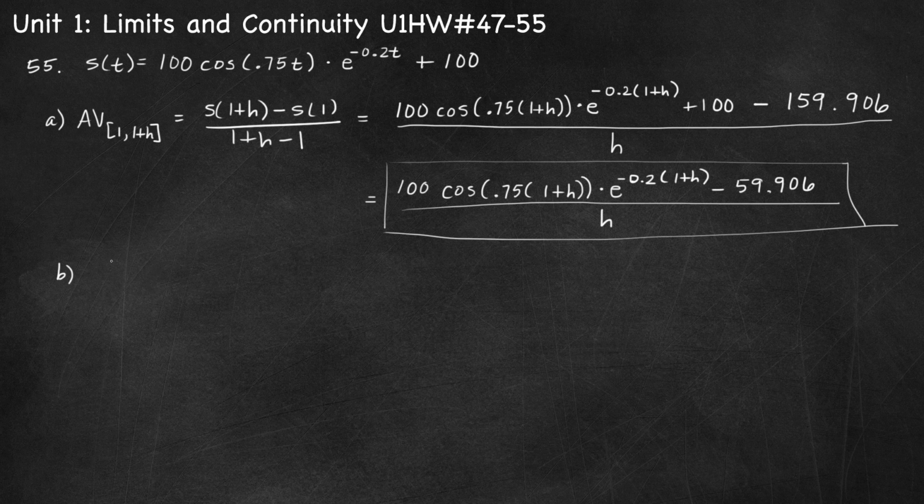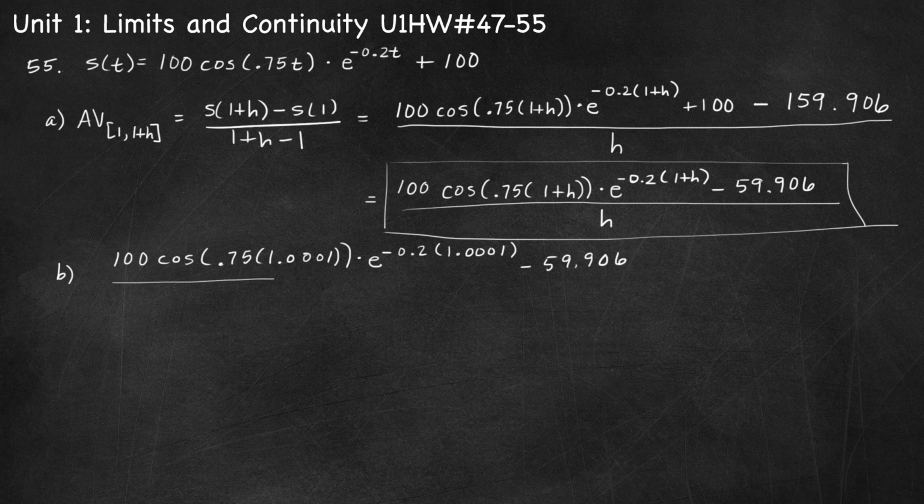Okay, if h is 0.0001, then this becomes 100 times the cosine of 0.75 times 1.0001 times e to the negative 0.2 times 1.0001 minus 59.906 all divided by 0.0001.